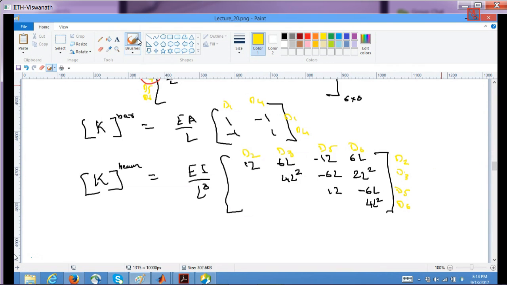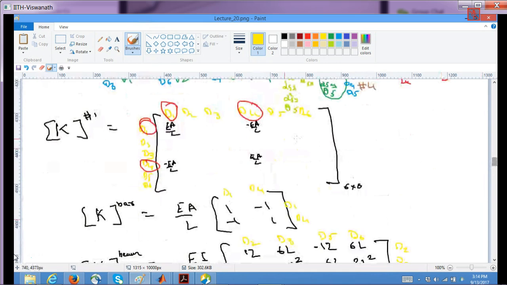So this would be 12EI by L cube, this is 6LEI by L cube, similarly minus 12EI by L cube, 6LEI by L cube, and so on and so forth if you keep assembling it.